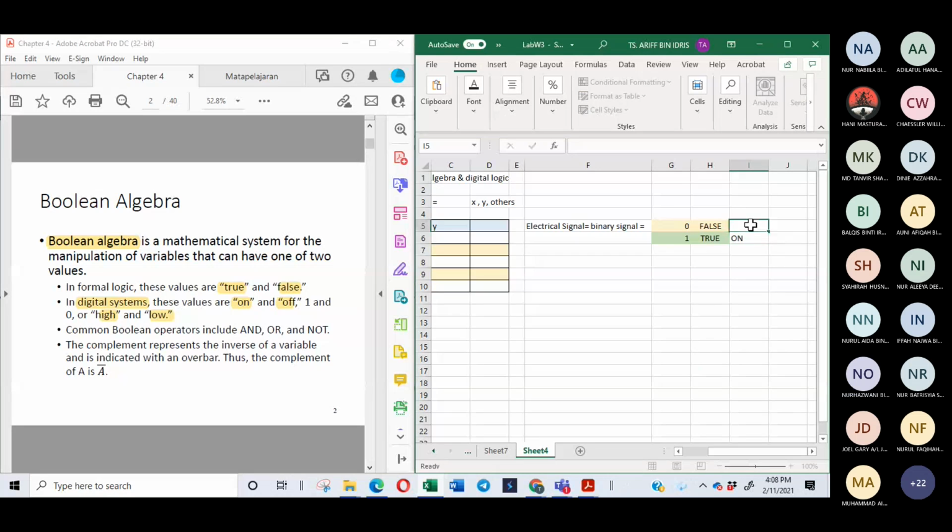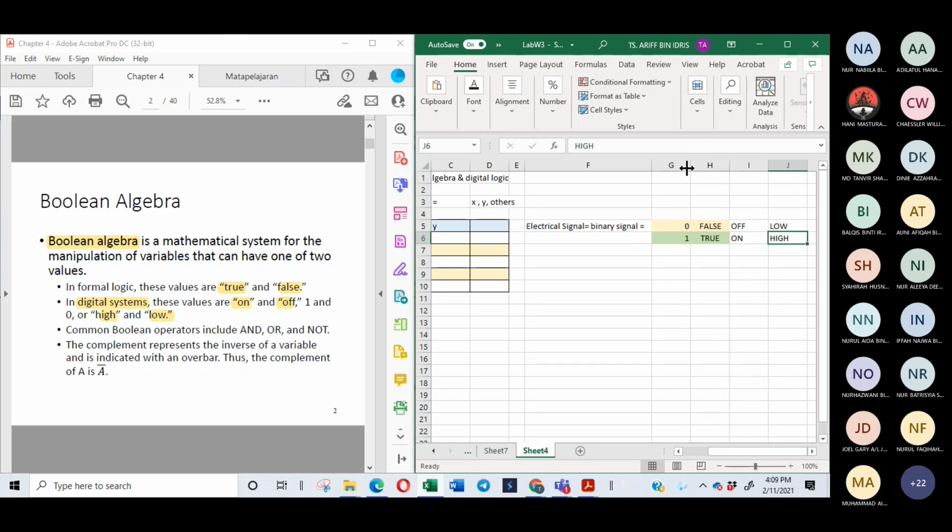What about 0? Off. Then we have high and low. Which one is high and which one is low? 1 is high. 0 is low.